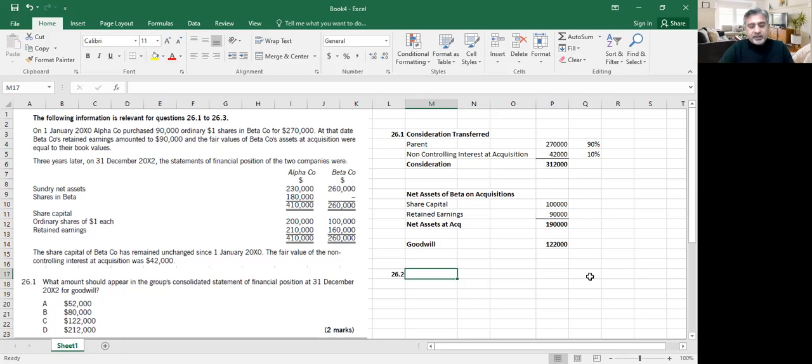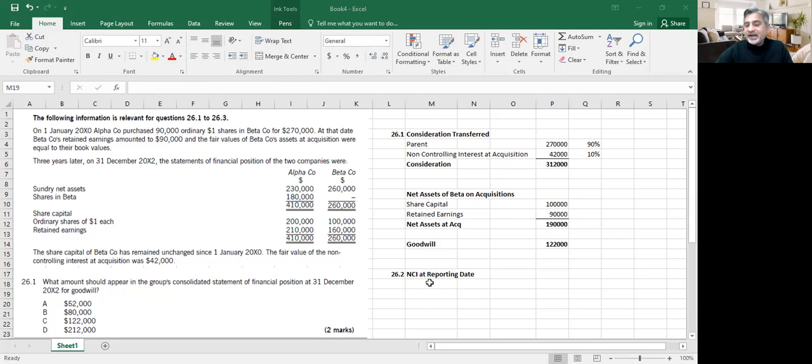So we will call it non-controlling interest at reporting date. Please pay attention to these words. Here I use the term non-controlling interest at acquisition. Here I'm saying at reporting date, which means after 3 years.